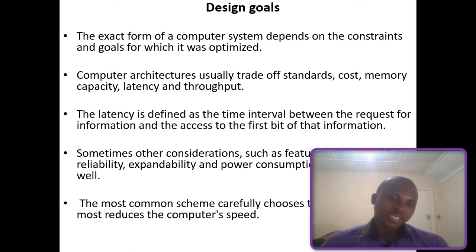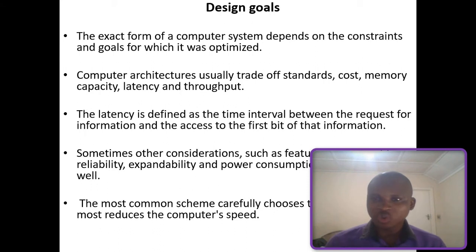Okay, and then here we've got the design goals. Whenever you are designing your machine or your computer here in computer architecture, they are what we call design goals. These design goals are the ones that determine or depict the output, the thing that you are going to come up with. The exact form of a computer system depends on the constraints and goals for which it was optimized.